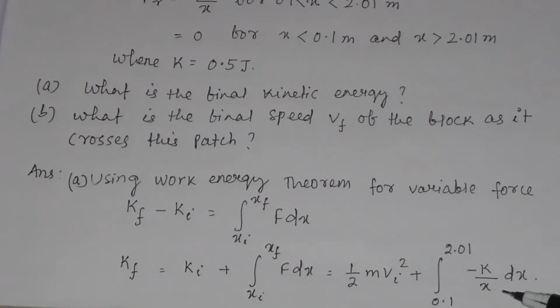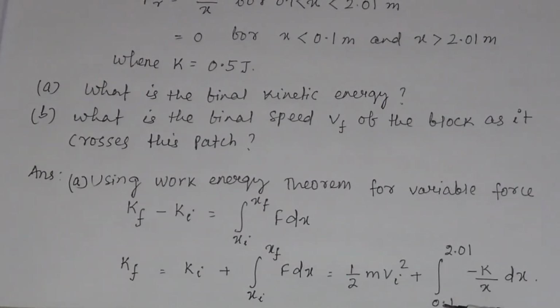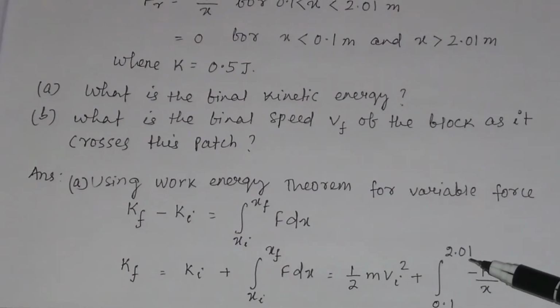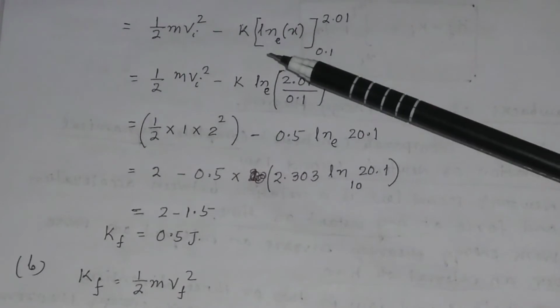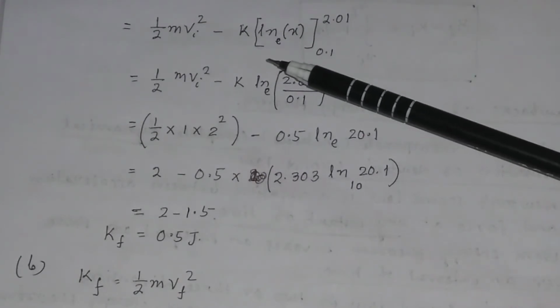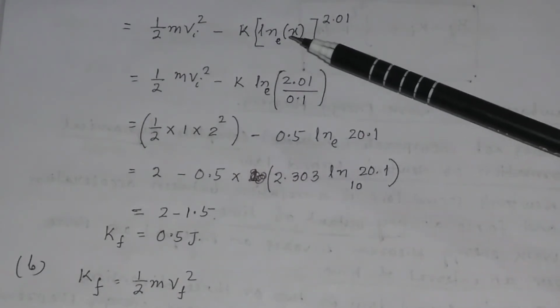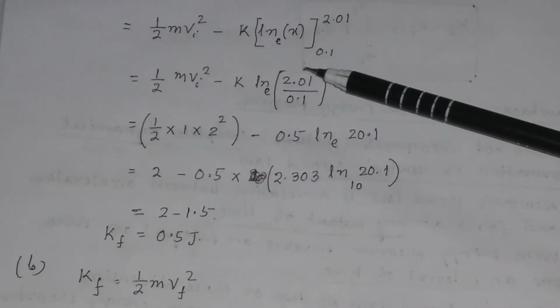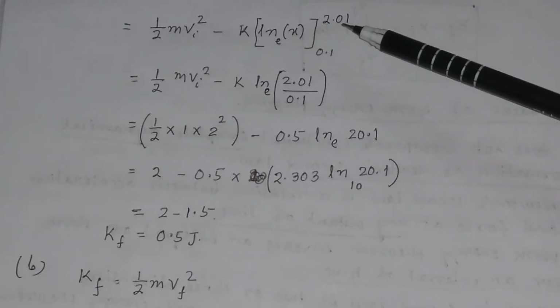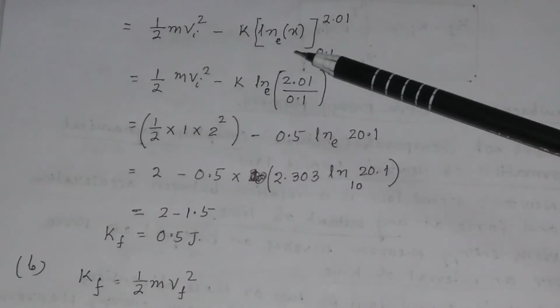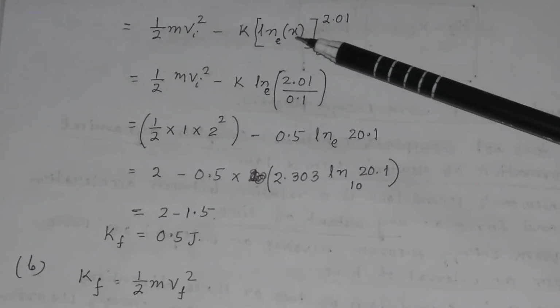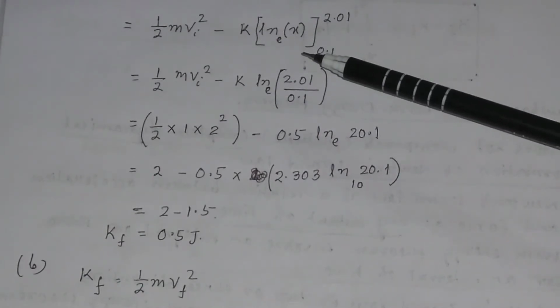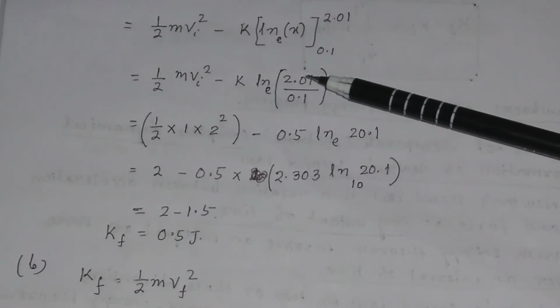So minus k by x dx, with the integration limits from 0.1 to 2.01. The integration of 1 by x dx is log x to the base e, evaluated from 0.1 to 2.01. Substituting the upper limit minus the lower limit, it will be in the form log m minus log n, and we know log m minus log n is equal to log m by n.